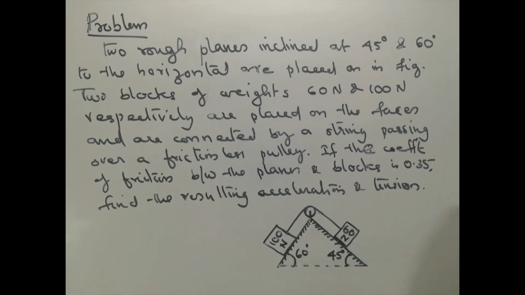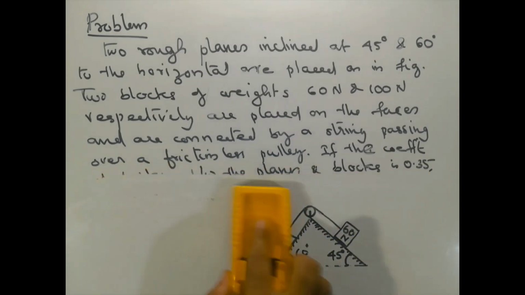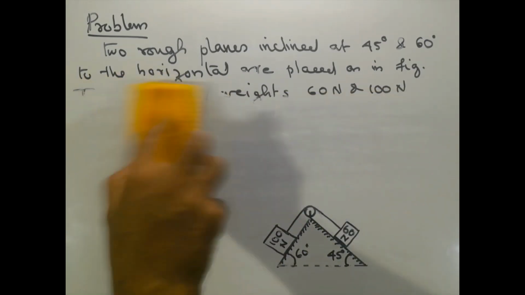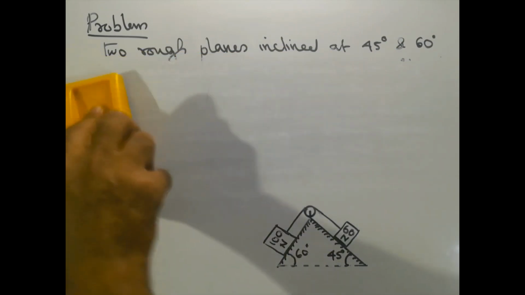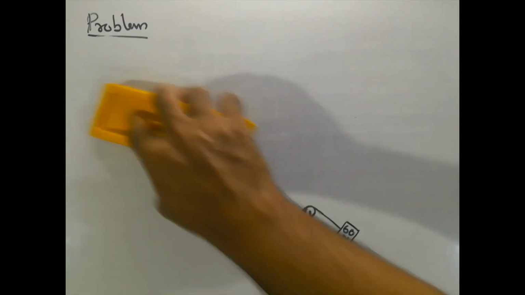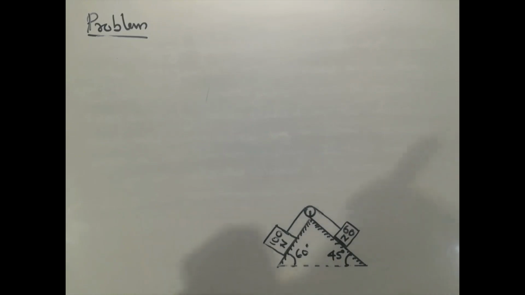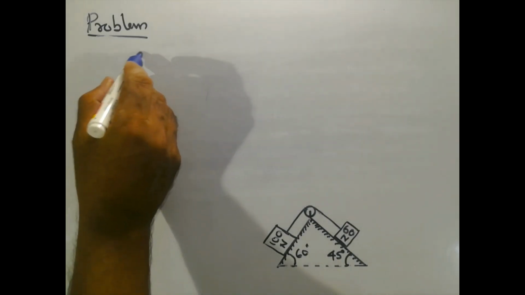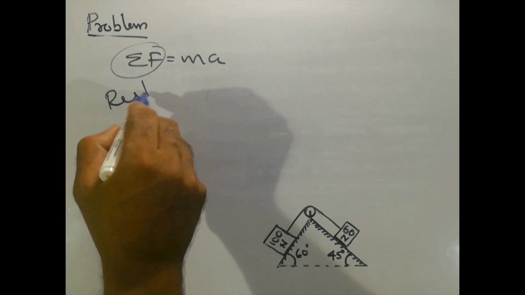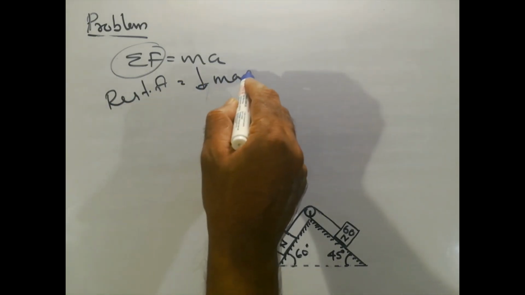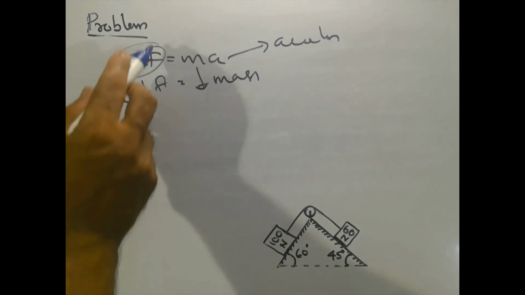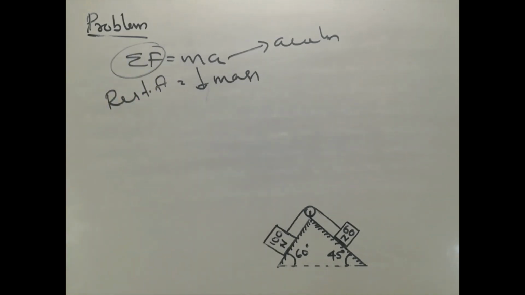Newton's second law of motion states that the rate of change of momentum of a body is directly proportional to the net force acting on the body, and we know the mathematical expression of Newton's second law as sigma F equal to ma, where sigma F is the resultant force, m is the mass and a is the resulting acceleration due to the net effect of all the forces acting on the body.